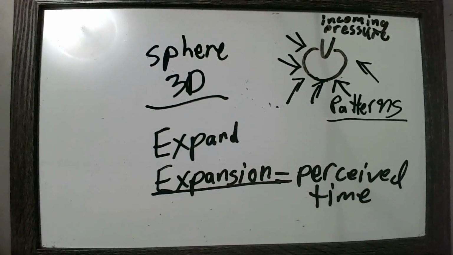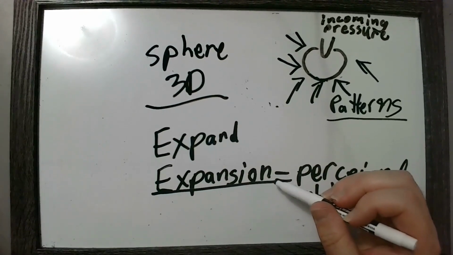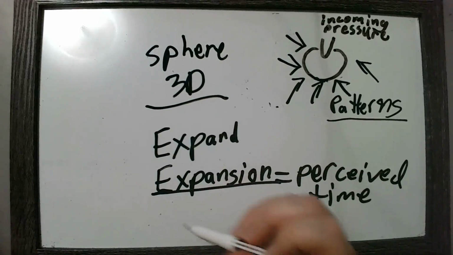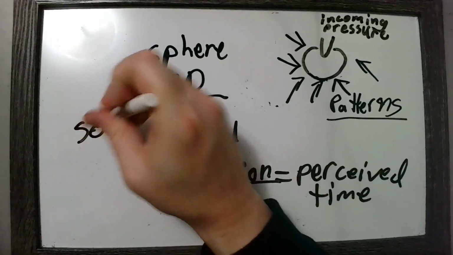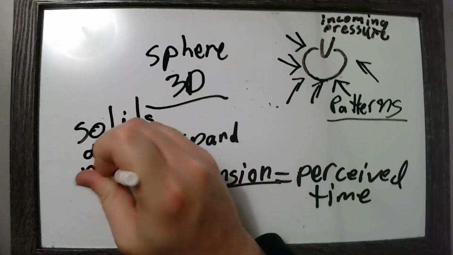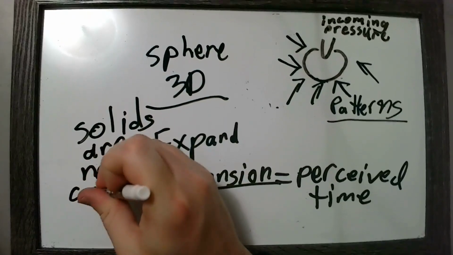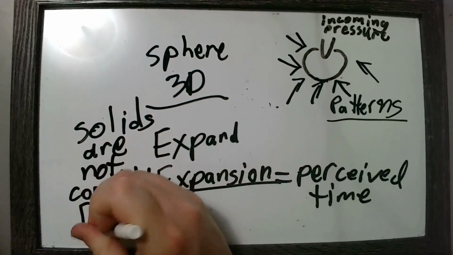So if you stop this, you tend to make things solid because they are no longer trying to expand, right? But solids are not completely expanded.